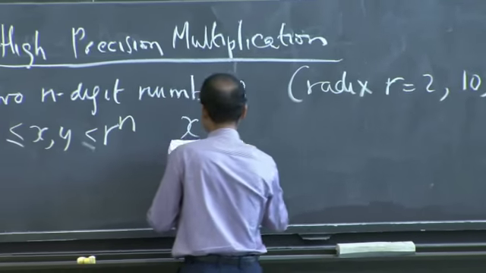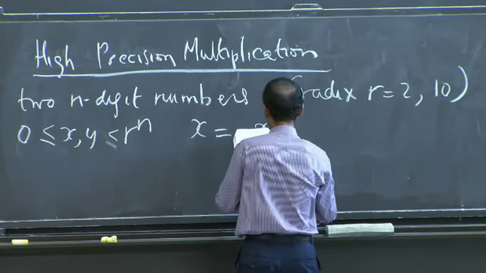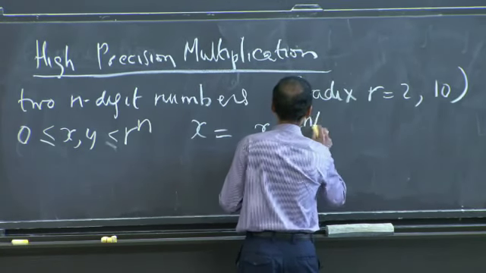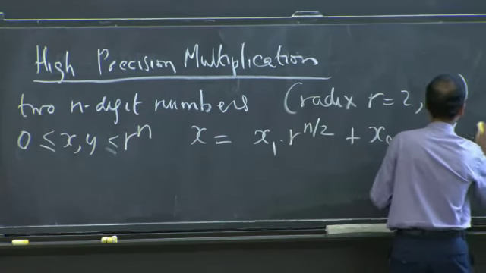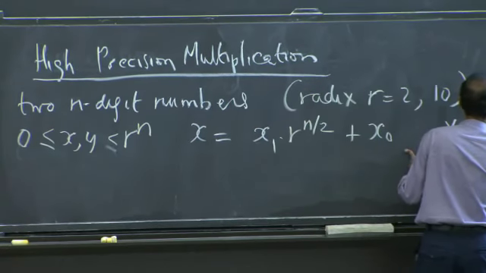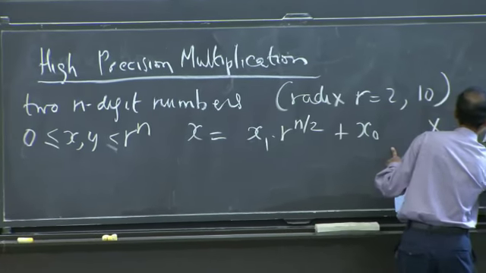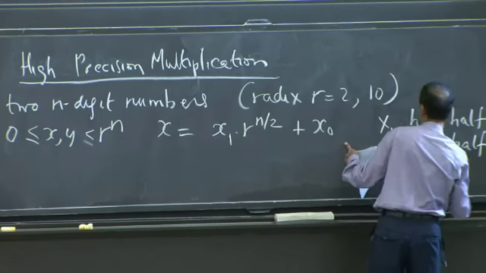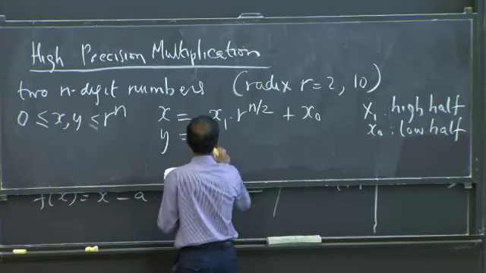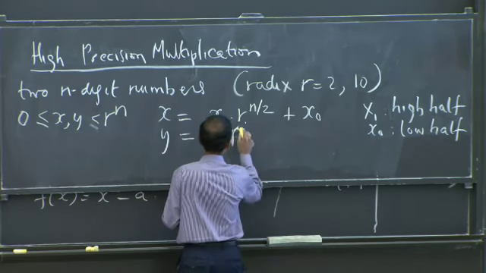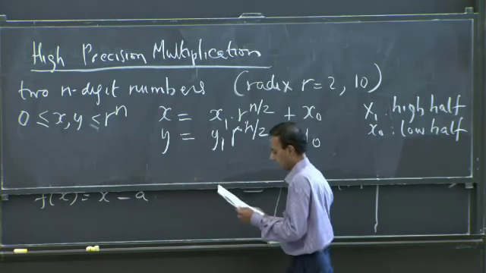So you set x to be x1 times r raised to n over 2 plus x0, where x1 is the more significant, high half, and x0 is the low half. The same thing for y: y1 times r raised to n over 2 plus y0.